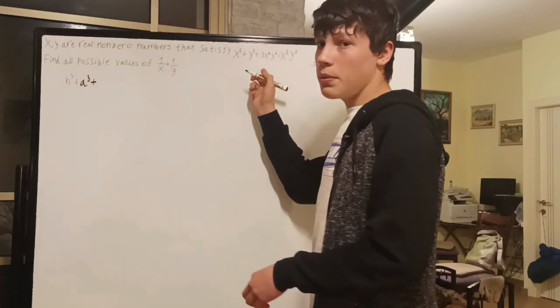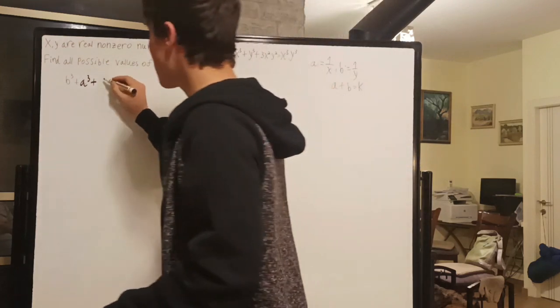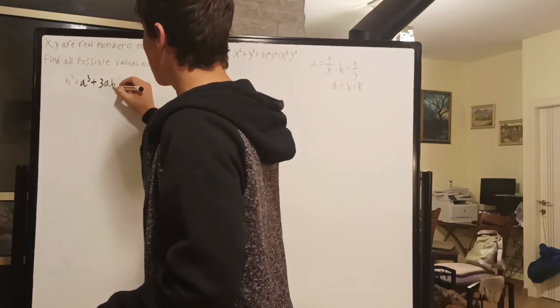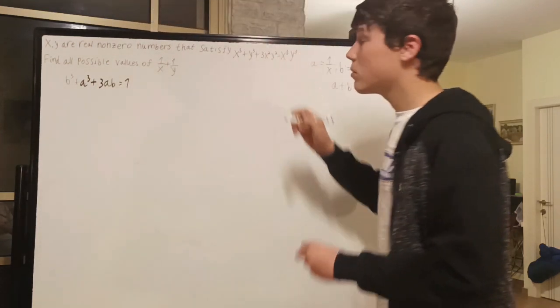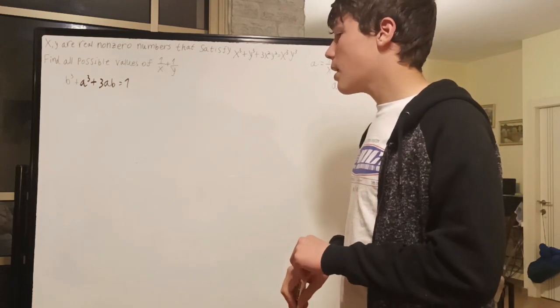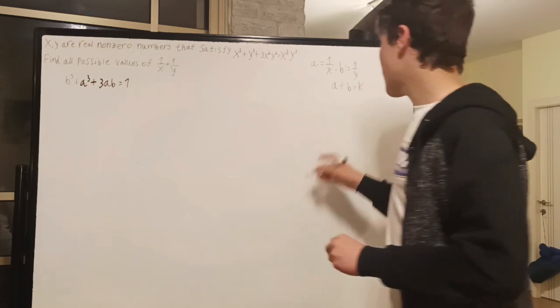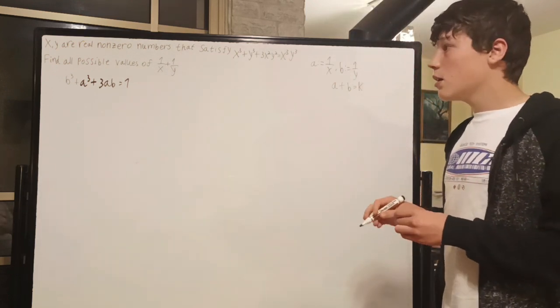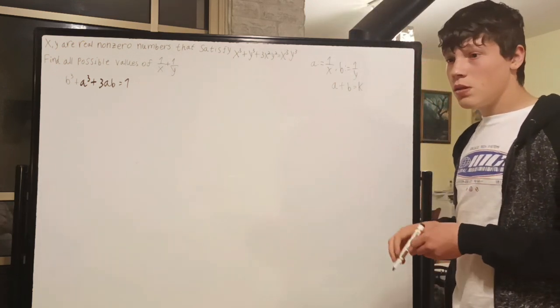This turns to 3ab, or 3 over xy. And that's just 1, because we divided by this number. So now we have a plus b equals k, and we have a cubed plus b cubed.